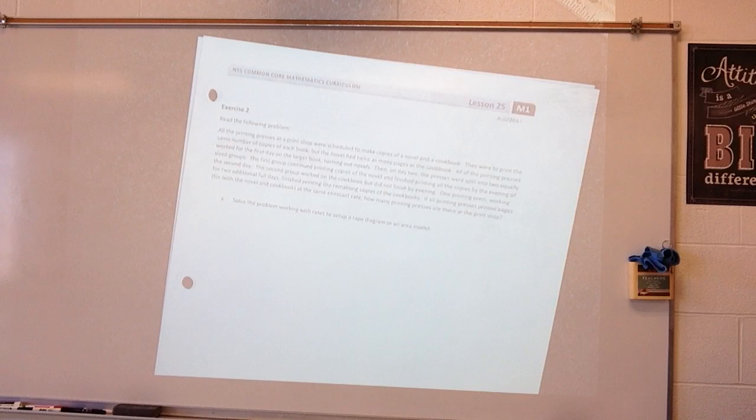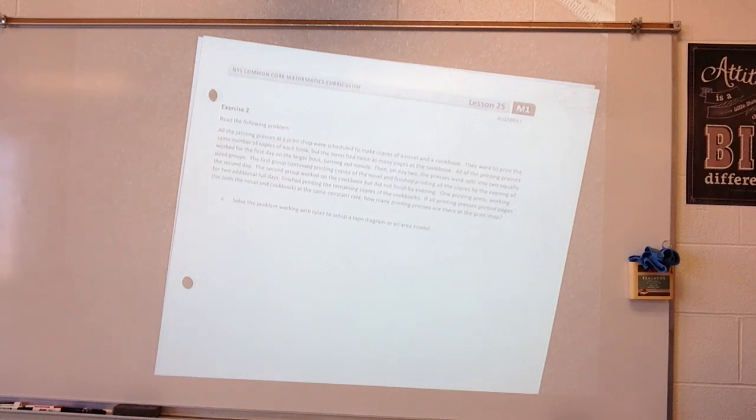So how much longer would one printing press take to print a novel versus a cookbook? It's going to take twice as long to print a novel as it is a cookbook. Is it important to know how many pages each book has, or how many of each book will need to be printed? Not really.